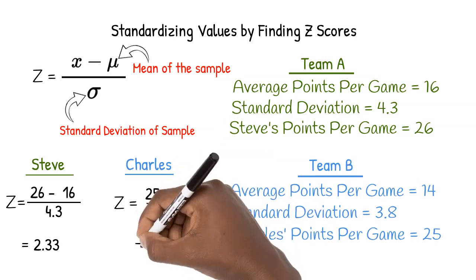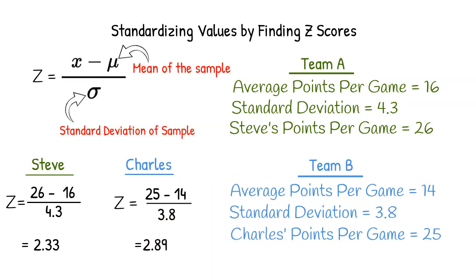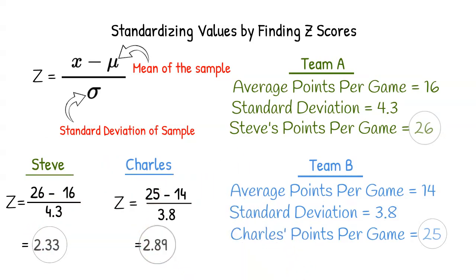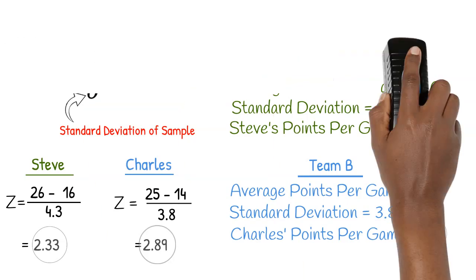We get 2.89. So, even though Steve scored 1 point higher than Charles, Steve's z-score is less than Charles' z-score. This tells us that in comparison to their teams, Charles performed better when considering points per game.